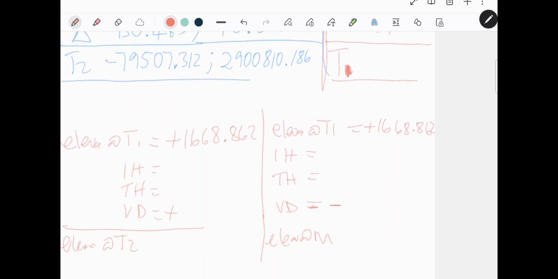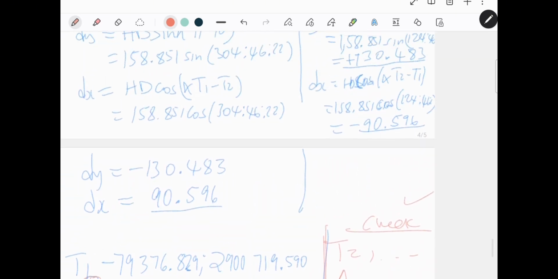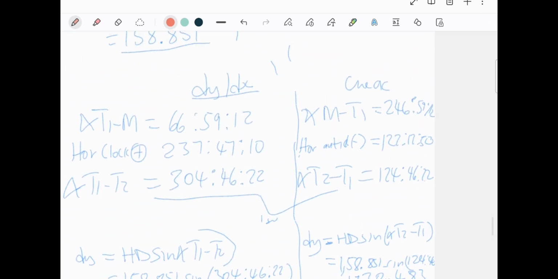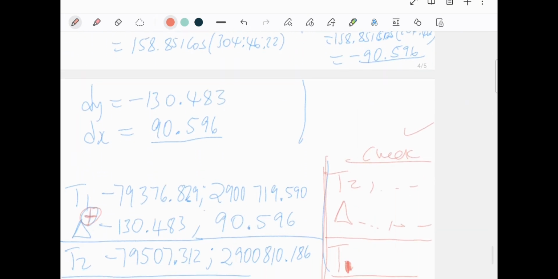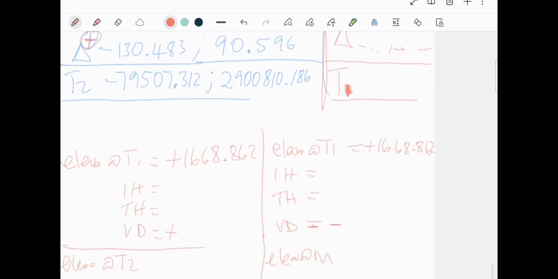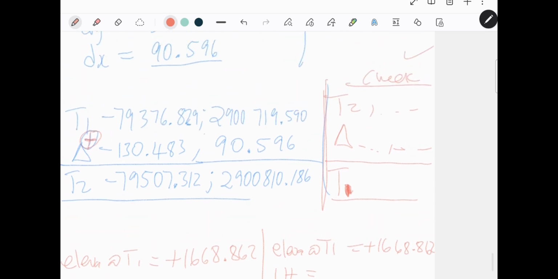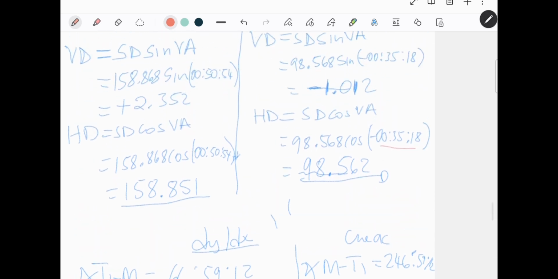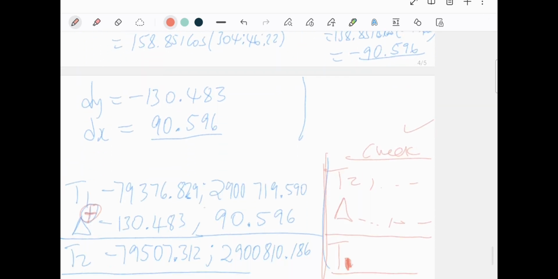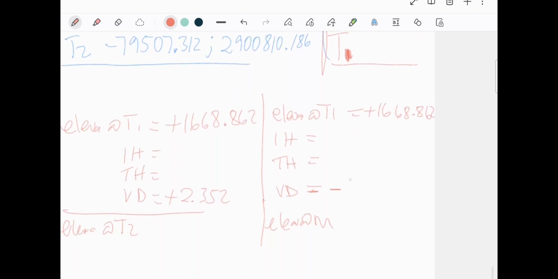So the values for VD, we found 2,352 for the T2. That side you had negative 1,012.